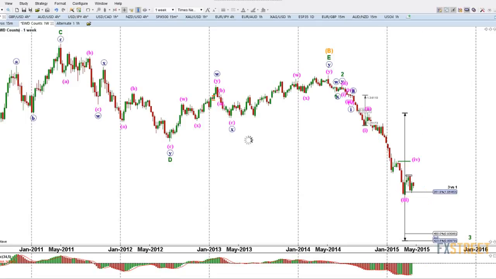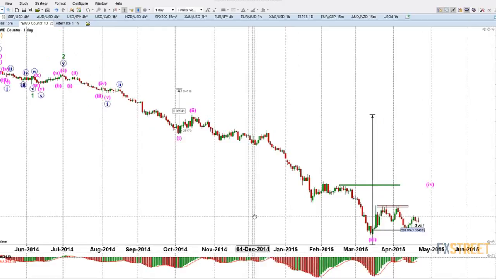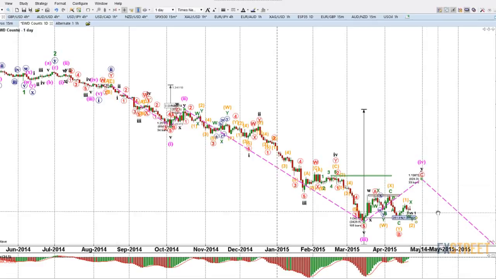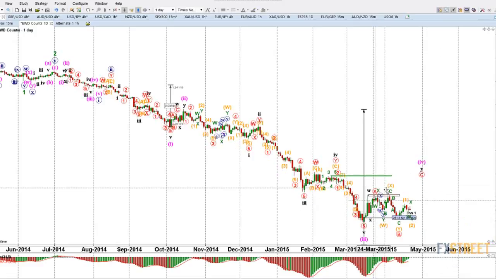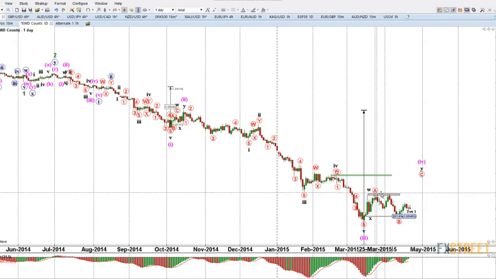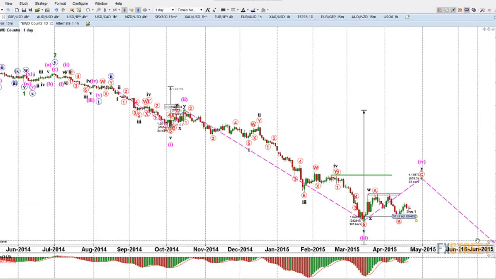On the daily chart, we can start looking inside those waves. So I'm going to hide some waves again, because this looks too complex. There we go. So mainly, what we are working on here is a consolidation for a wave 4 to continue to where? To the par, at least, because we already said it on the weekly chart.